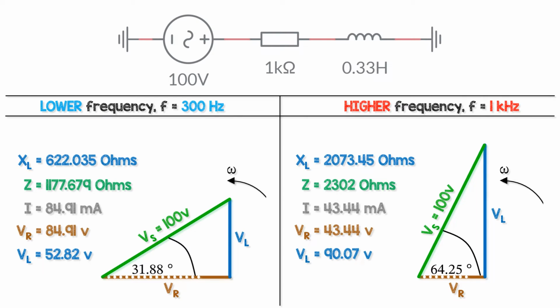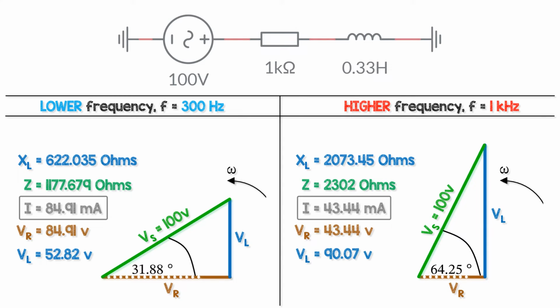Let's summarise by seeing how the measurements have changed by increasing just the supply frequency. The inductive reactance is increased by the same percentage that the frequency increased. The impedance increased, but by a smaller percentage due to Pythagoras' theorem.